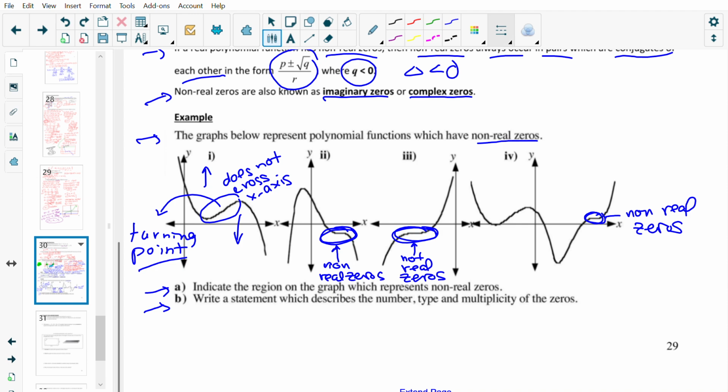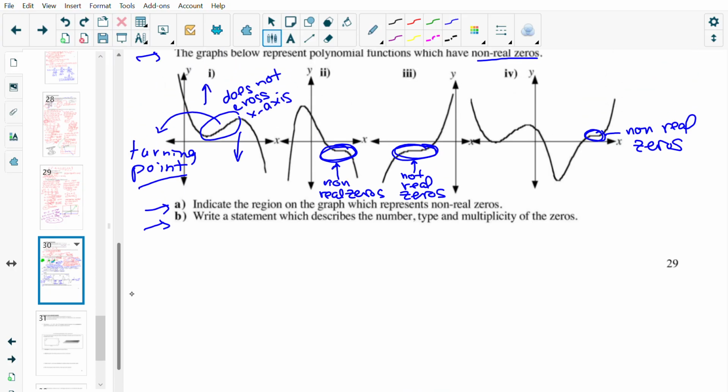Write a statement for each which describes the number, type, and multiplicity of zeros. Okay, let's go. So for graph 1, 1 real zero. Okay, I'll mark it in red right there. 1 real zero.